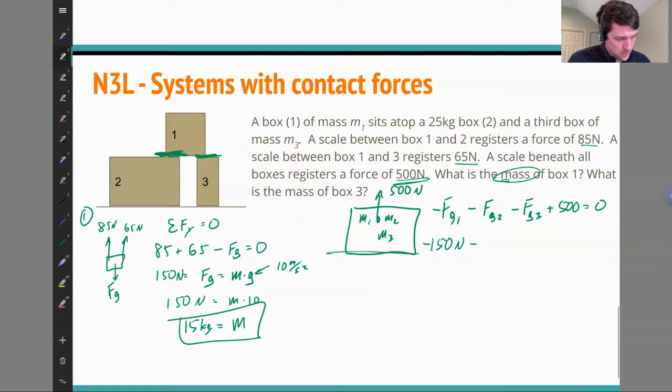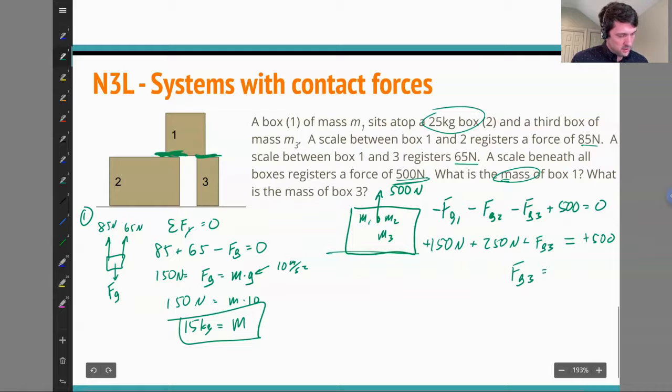The weight of box 2 is 250 newtons, and so that leaves me looking for the weight of box 3. I'll move this over to the other side, so that's minus 500, and now I can make everything positive, so that leaves me to solve for the weight of box 3. 500 minus 400 leaves me 100 newtons.